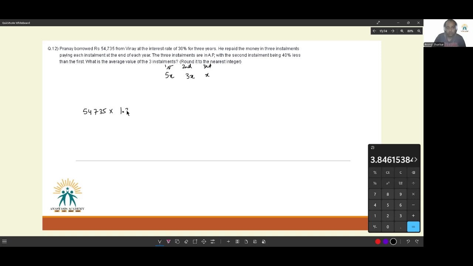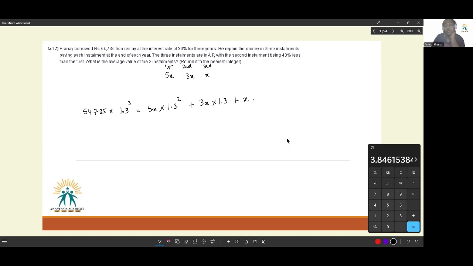So into 1.3 raised to the power 3 should be equal to first installment accrued interest for 2 years. So 1.3 raised to the power 2 plus 3x into accrued interest for 1 year. So into 1.3 plus the final installment. This is it. So we have to solve this expression now.